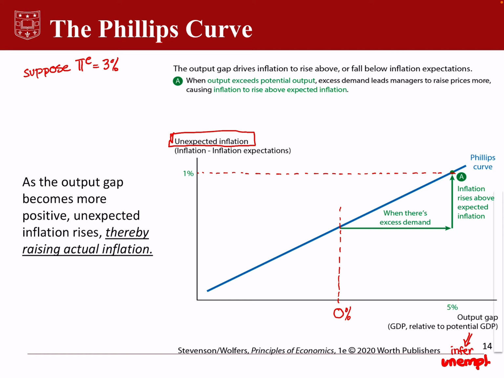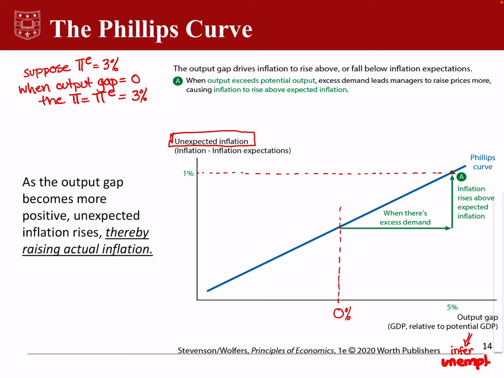I'm just making up that number for our purposes right now. And suppose then what we know is when the output gap is 0, then actual inflation is equal to expected inflation, which in this particular case would be 3%.